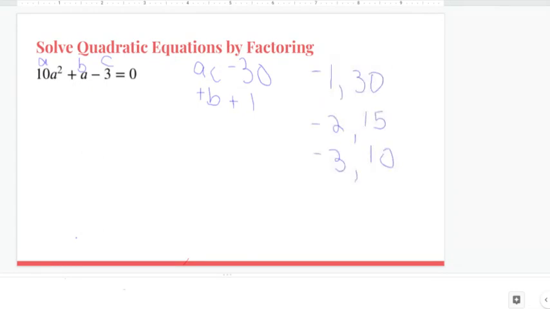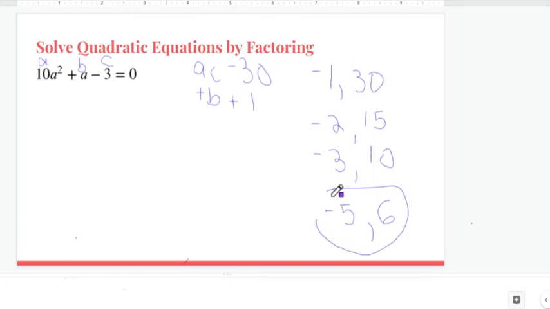All right, so I have negative 1 times 30, negative 2 times 15, negative 3 times 10, 4 does not go in, and then negative 5 times 6, and I can see that then I would be back at the starting place because I'd have 6 times negative 5. So which pair gives me a sum of 1? Well, negative 5 and 6. So that is the pair that I'm going to use.